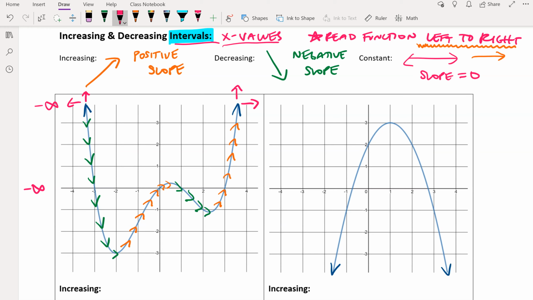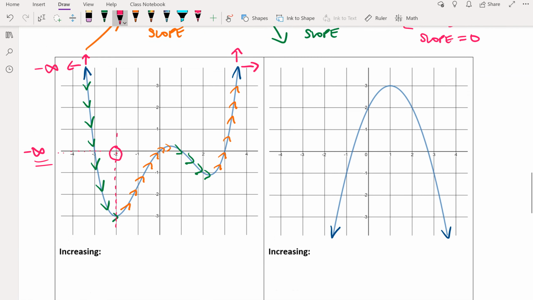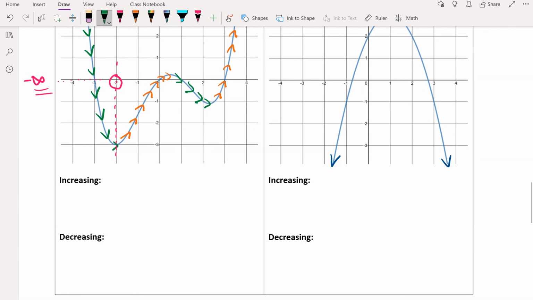So, when did our fish stop swimming down? At what x value? We kept swimming, swimming, swimming. At the x value negative 2, we stopped swimming down, and we turned around and started swimming up. So our first interval of, oh shoot, we were talking about decreasing. So let's go ahead and write that one.